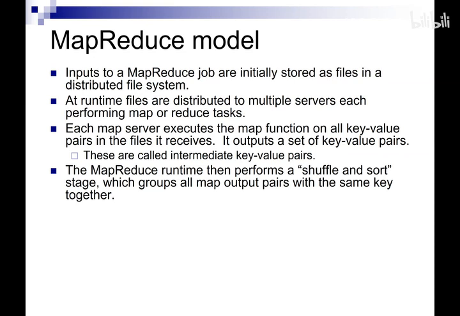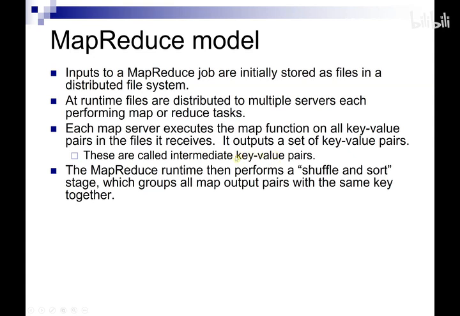And what this shuffle and sort does is that, so previously for the mapping stage, we output a bunch of key value pairs. And now the shuffle and sort is going to take all of the values associated with the same key. Okay, so for one key, you could have multiple values which were output, right?